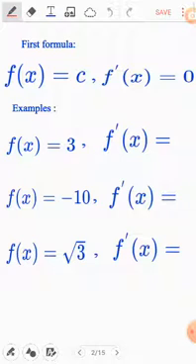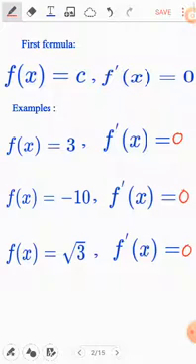Examples: if f of x equals 3, then its derivative is 0. The derivative of 3 is 0. If f of x equals minus 10, its derivative is also 0 because it is a constant. If f of x equals radical 3, then f prime of x is 0.